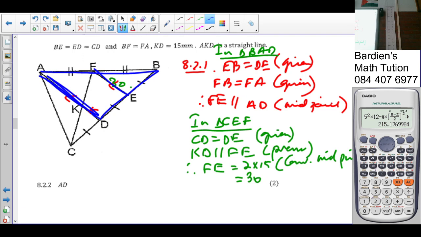Can you see? Now everything is laid out for us already. So that's going to be 8.2.2. So for AD, we have mentioned that already, so we don't have to state it again. So now we just say that AD is double 30.